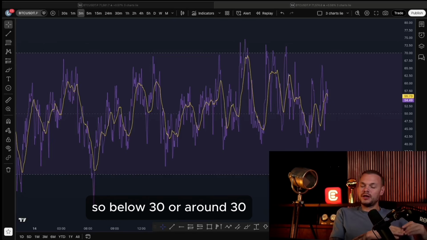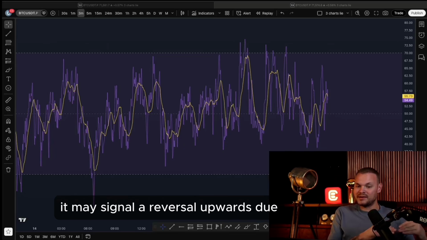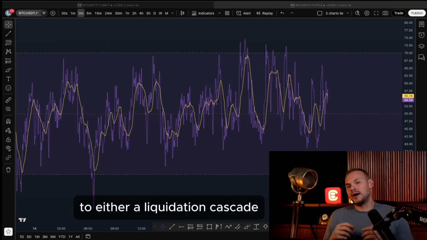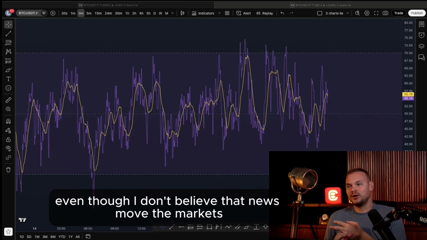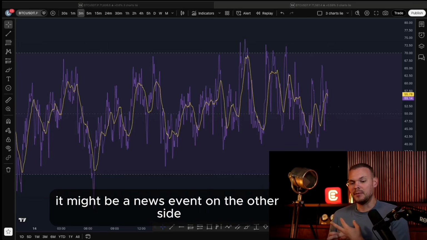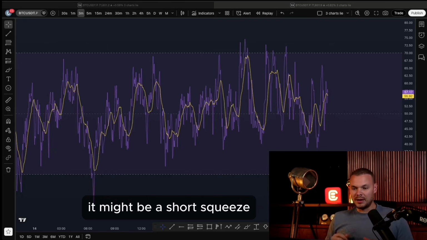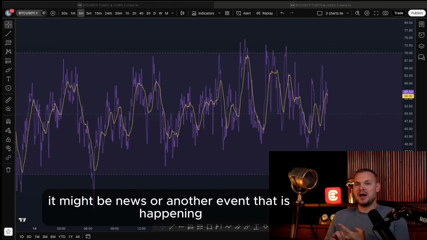So below 30 or around 30, it may signal a reversal upwards due to either a liquidation cascade, extreme sell pressure, or even though I don't believe that news move the markets, it might be a news event. On the other side, above 70, same goes for that. It might be a short squeeze, it might be news, or another event that is happening.